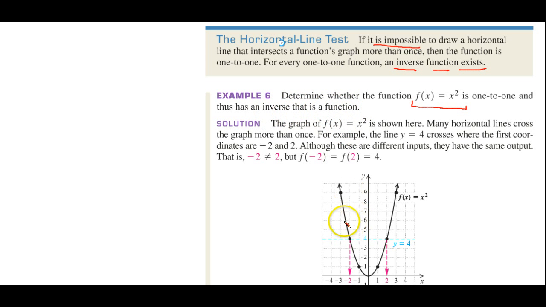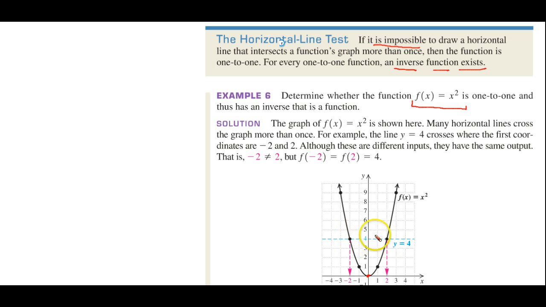Well, when we graph this, remember its vertex is right there at the origin. This is the minimum of the graph. And if we apply, and this little light blue line here is the horizontal line test, is this intersecting the parabola horizontally in more than one place?